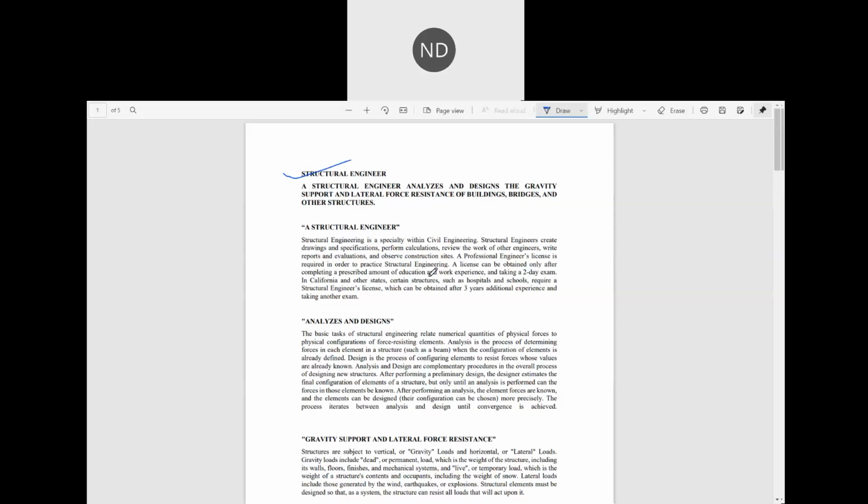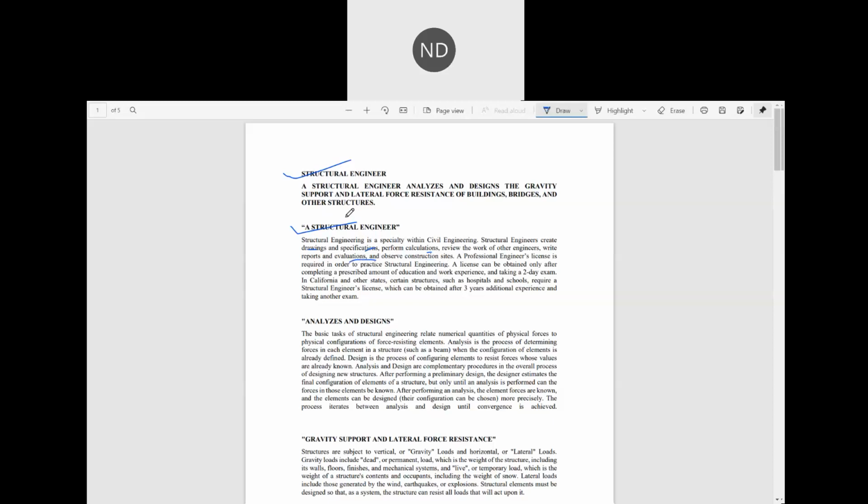We have talked about the engineer, basically the civil engineering works, where they can work, in making the structure. That is your structural engineer basically. The structural engineer creates the drawings and specifications, the calculations, the design, the analysis. All those things will be done by your structural engineer.